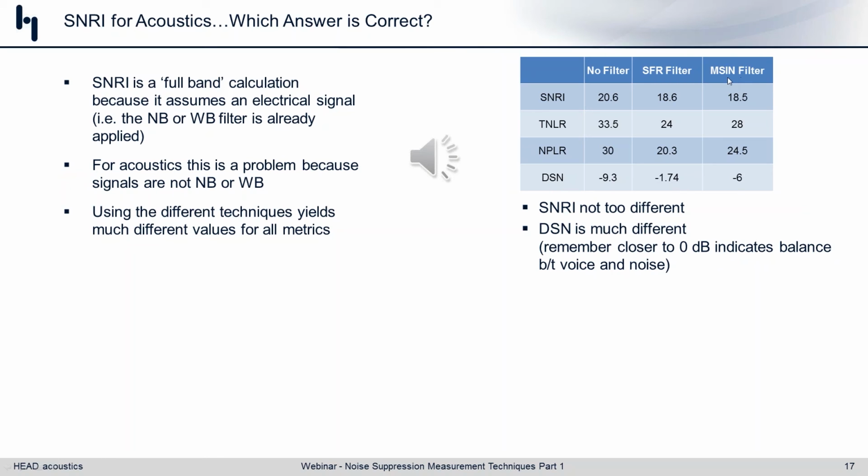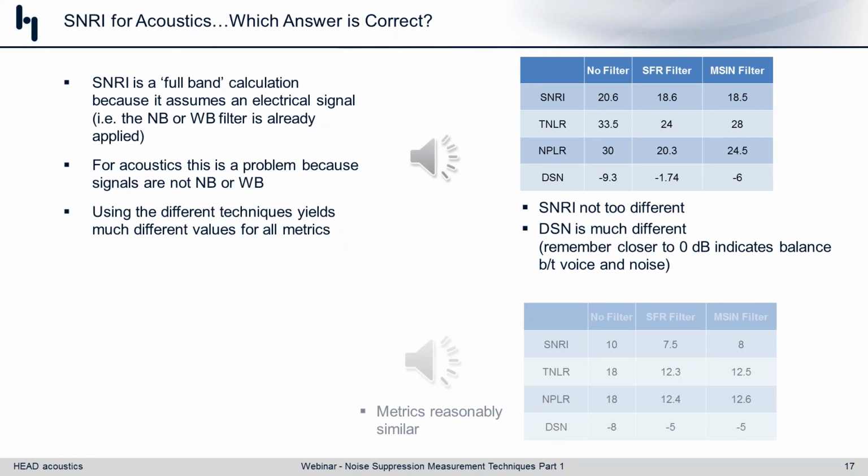And then if you also apply the MSIN filter to the unprocessed reference mic signal, once again, yeah, we're not too far off with the SNRI, but if you're looking at these other metrics, there's quite a big difference. And so it gets a little bit dangerous when you're doing SNRI for acoustics if you don't have any idea how somebody else did the measurement and you're trying to duplicate it.